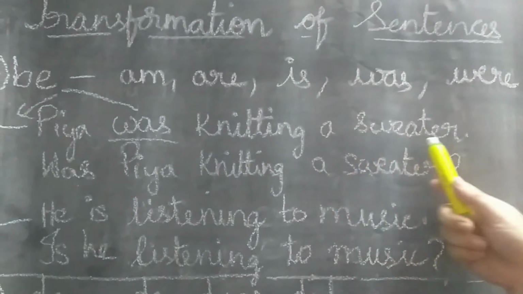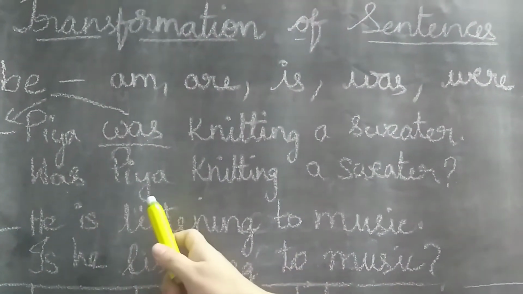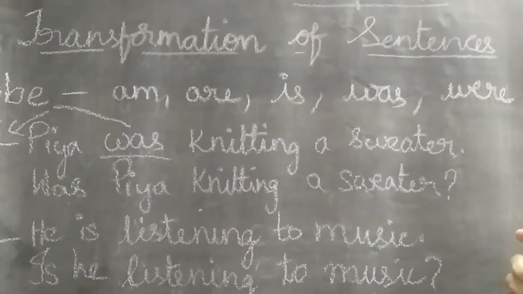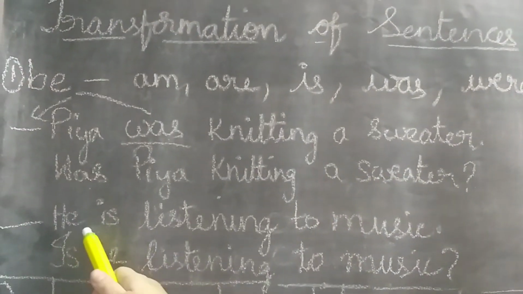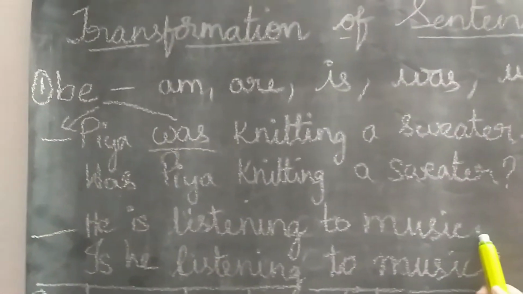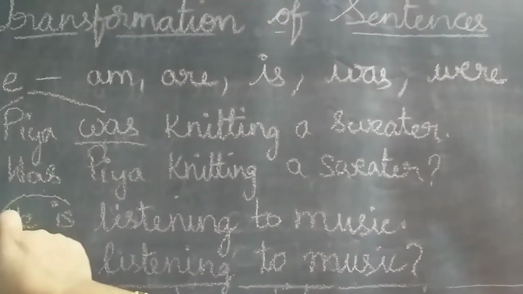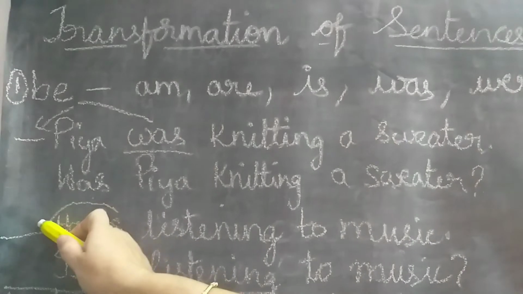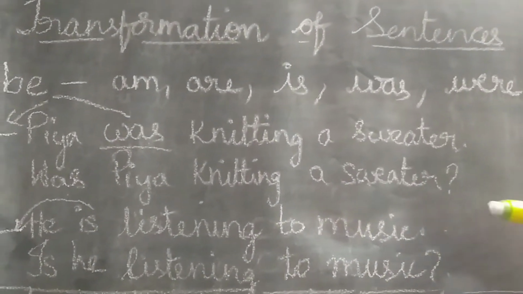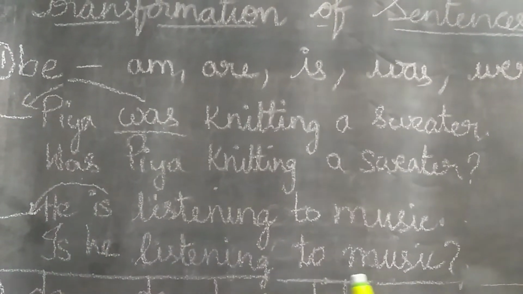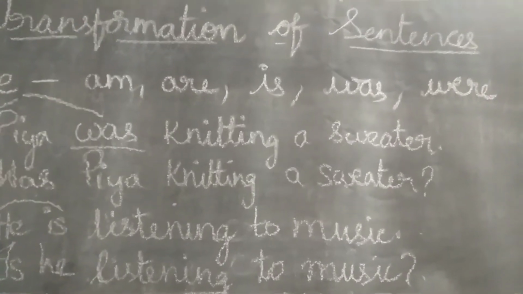Pia was knitting a sweater is a declarative sentence, whereas was Pia knitting a sweater becomes an interrogative sentence. Another example, he is listening to music. It's a declarative sentence. By just changing the position of the helping verb, we can change this declarative sentence into an interrogative sentence. Is he listening to music? It becomes an interrogative sentence.